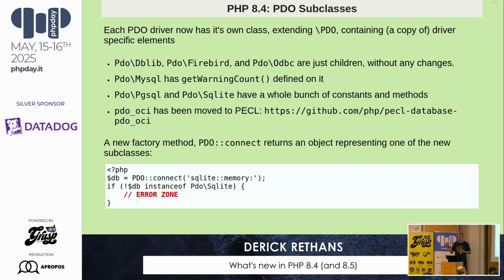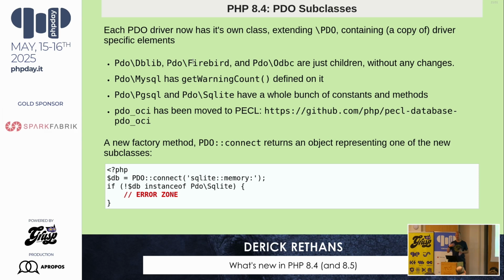They all have slightly different behavior. They have different methods that work on them, and they sometimes have different constants or methods that don't exist. Accessing these from a generic object makes not a lot of sense, because calling getWarningCount when you're using PostgreSQL, the driver would then have to check that and throw an exception itself, where actually this method really shouldn't exist on the PDO object in that case. But you can't do that because an object is an object. So 8.4 introduces subclasses for each of the different PDO drivers.